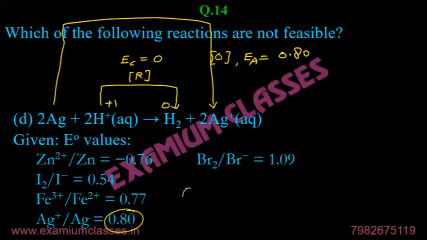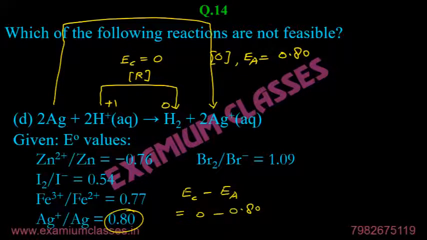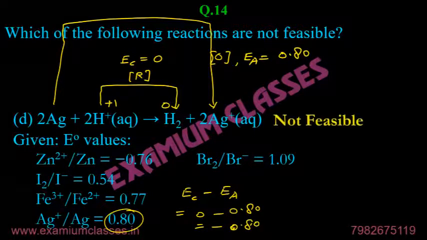That means EC minus EA, that means E cathode minus E anode, 0 minus 0.8, negative. So remember, the electrode potential value for hydrogen will not be given to you. You are expected to know that it will be 0.